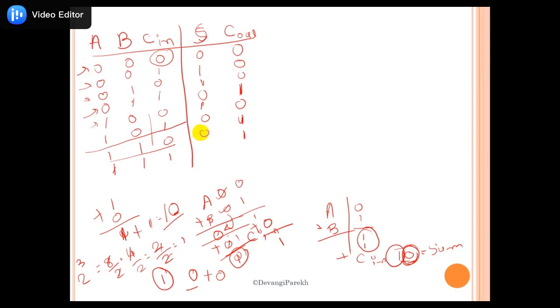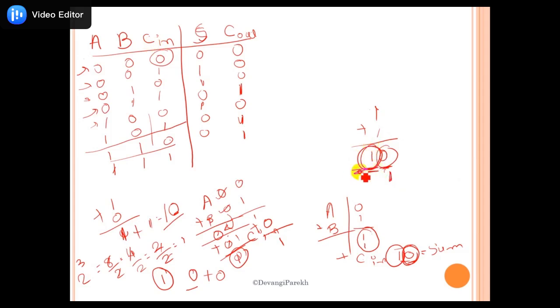In the last condition, we know first A is 1, B is also 1. So the output of 1 plus 1 in binary is 10. So we have to add this 0 with the C in. C is 1, and this 1 will be considered as carry.